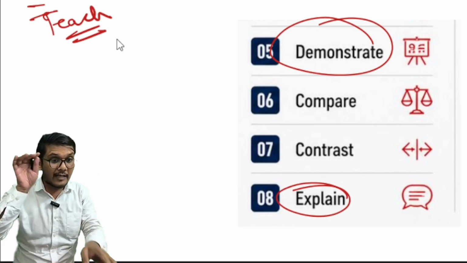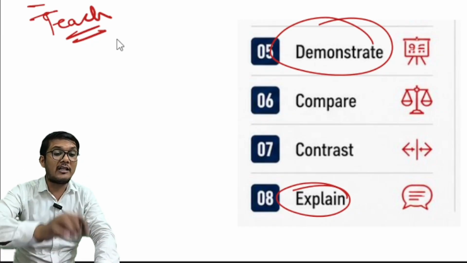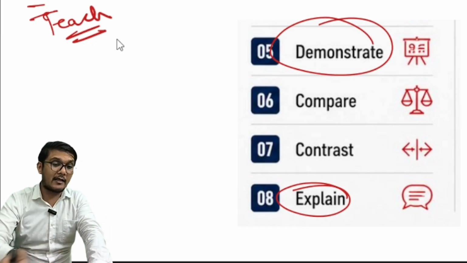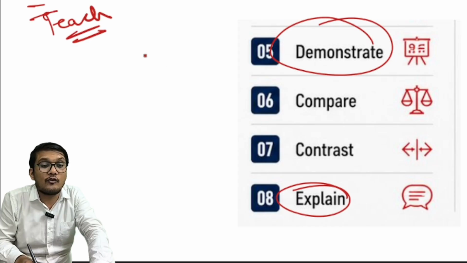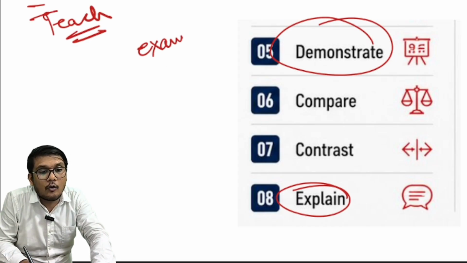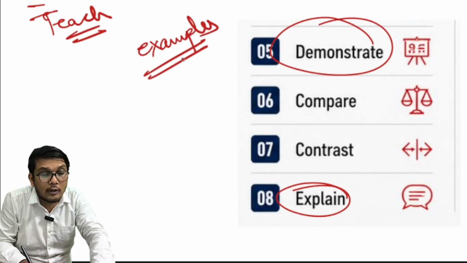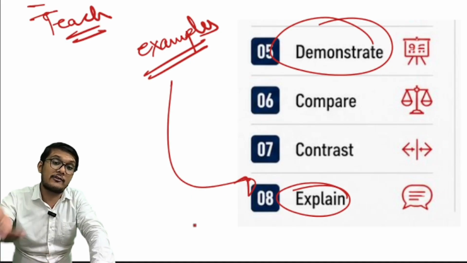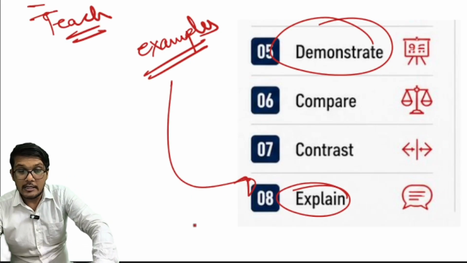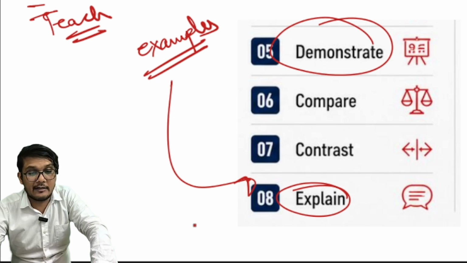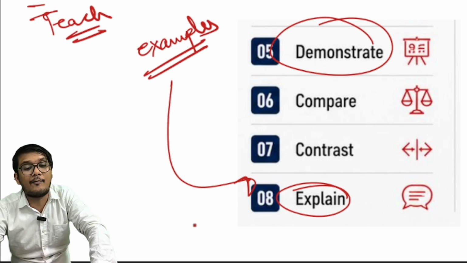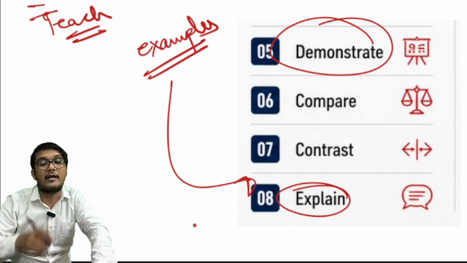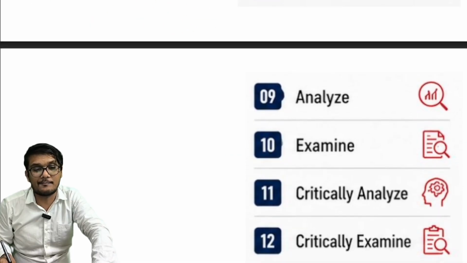Then you will give an example so that the explanation you have given is practically embedded in the mind. That is why examples are going to play a very important role. So much so that sometimes UPSC itself says explain with the help of examples. There, it becomes mandatory, but even if they are not mentioning explain with the help of examples, you should still try to write the examples over there.